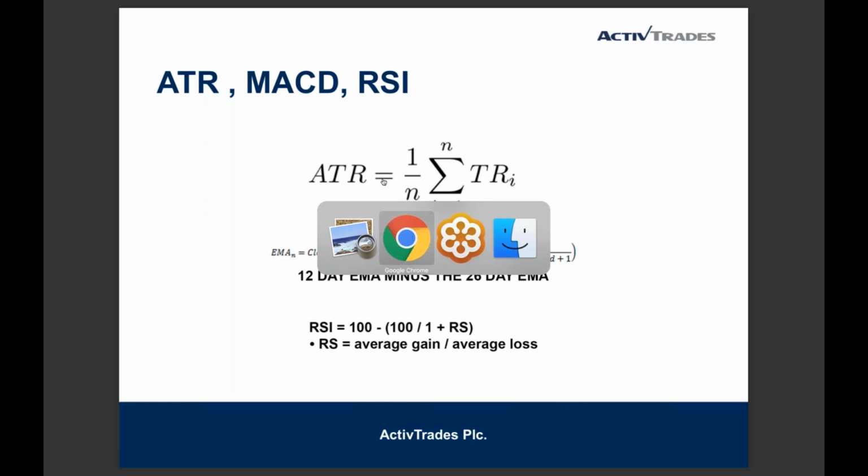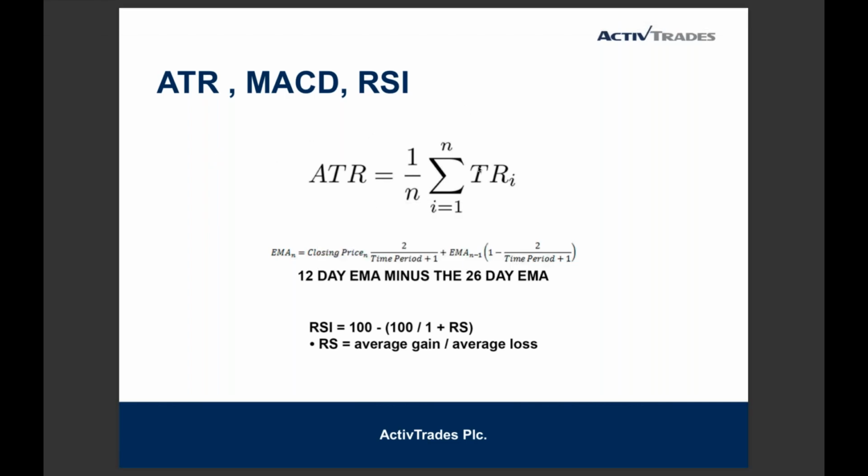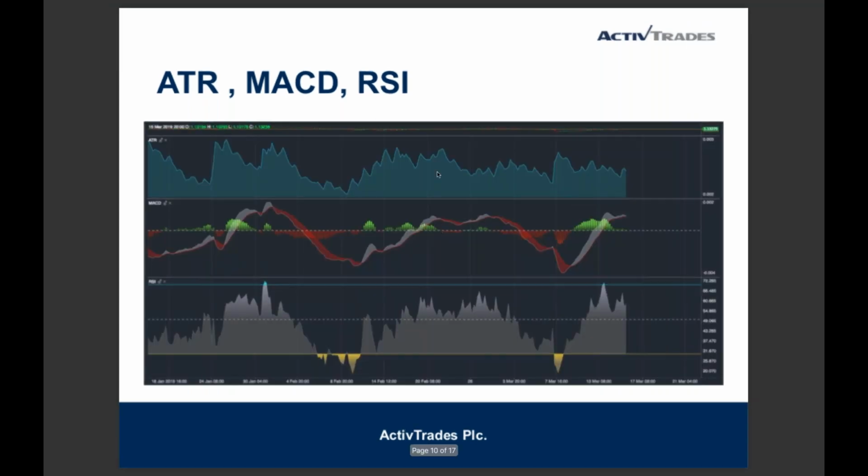Actually, I'll stick on the slides. So that's the maths that creates the ATR, and the actual outcome here you can see is a more pleasant to the eye reading. The ATR is on top. It looks a bit like a mountain chart here.